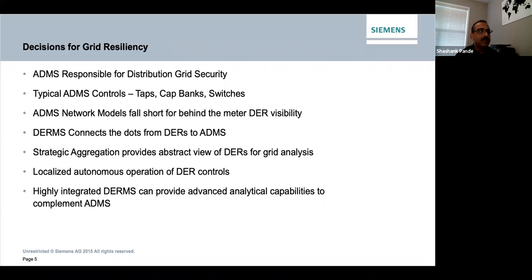So coming back to grid decisions for grid resiliency or the intelligence, typically the ADMS is responsible for the distribution grid's security and operation. The typical ADMS basically uses controls like the taps, the cap banks, and the switches to operate the grid. What we see is that the ADMS still has some serious gaps when it comes to taking advantage of the distributed energy resources on the system to make the grid more reliable.